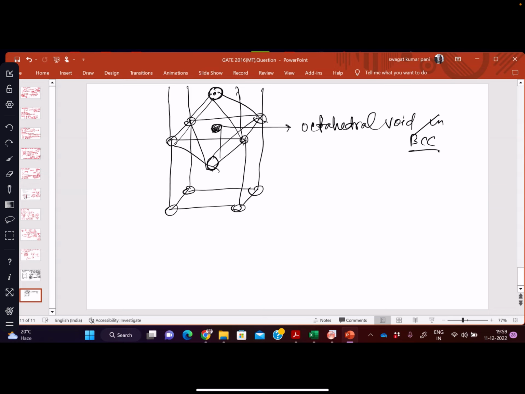Because this distance here to here is the same as the lattice parameter A, but here to here is not A, this is root 2A. So this is a distorted void. Because of this reason, carbon atoms don't like to get into this as much as compared to FCC. So that's why austenite has far more carbon concentration than alpha iron.